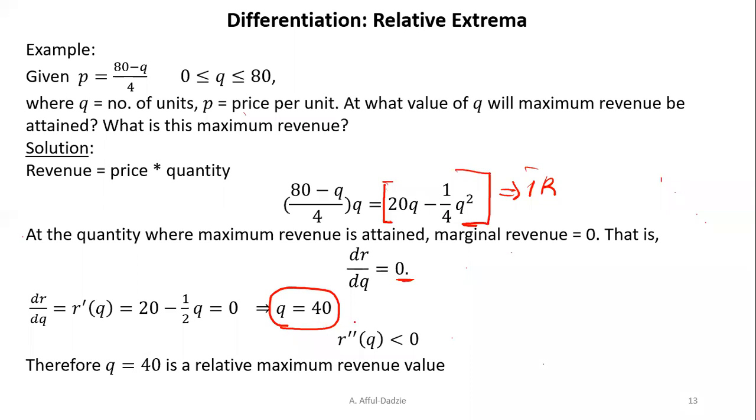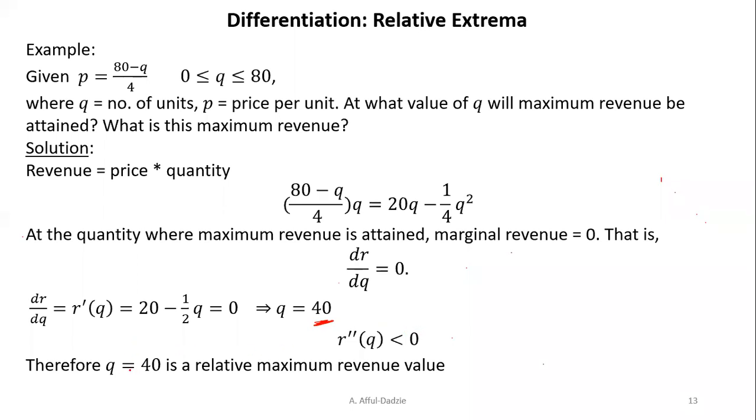Now let's do the second derivative test to be sure that that is the maximum point. Is it indeed a maximum point? We take the second derivative, and we have minus 1/2, which is less than 0. So we can comfortably say that the quantity 40 is indeed a maximum point.